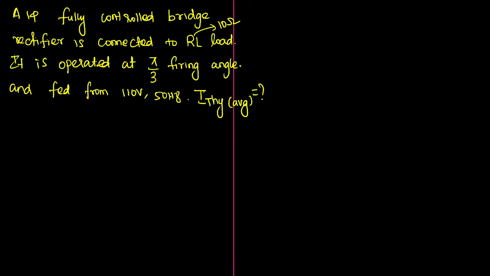See, it's a simple question. I just wanted to know, given it is a fully controlled bridge rectifier, of course they have given RL load and the firing angle is clearly given. Now it's time to estimate the average value of the thyristor current. Sadhana, 3.46. Very good. Any other?